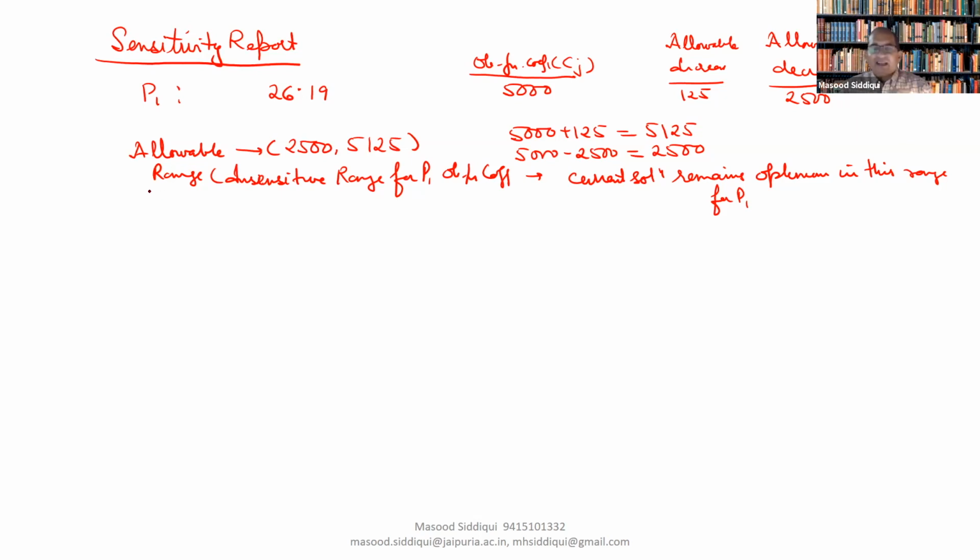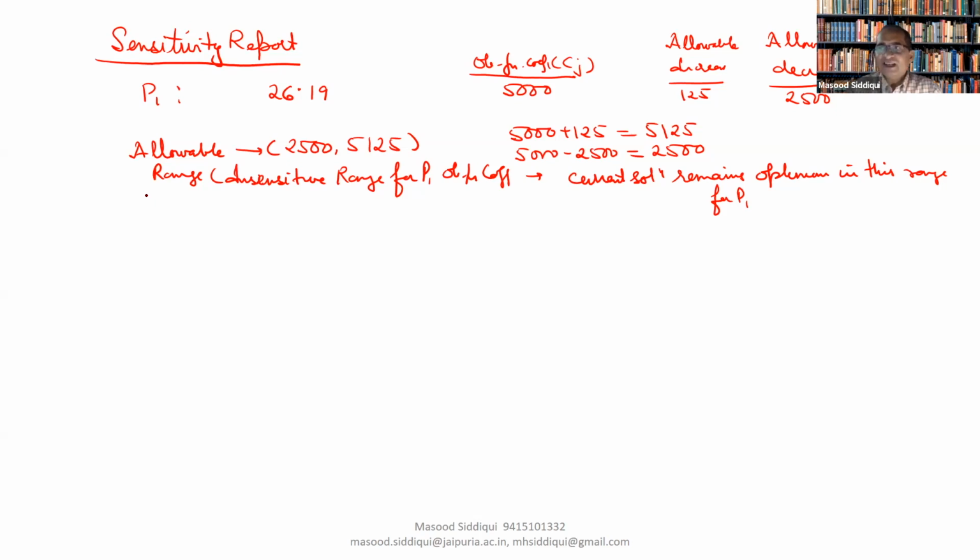Suppose with the change of the business condition, the profit for the product has decreased from 5,000 to 4,500. So obviously the question arises, should we continue with this production policy or should we change it? 4,500 lies in this allowable range.